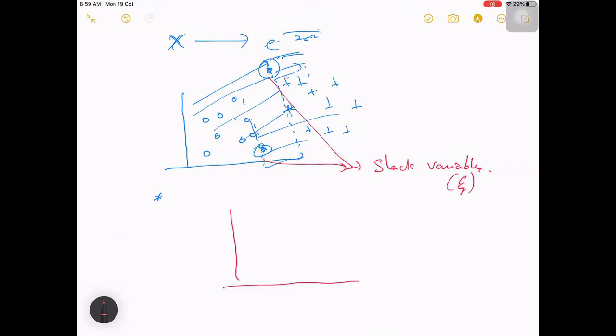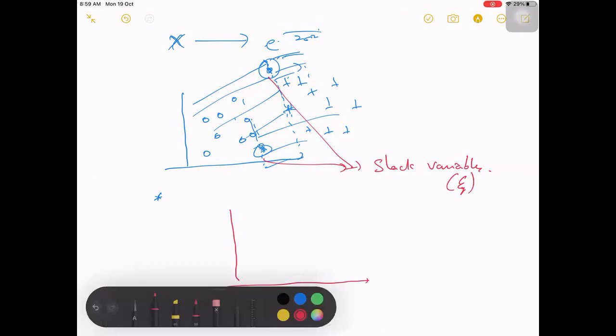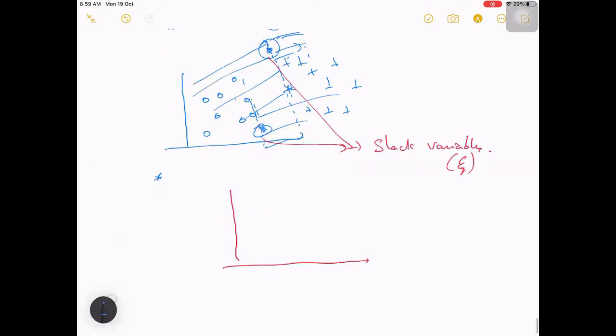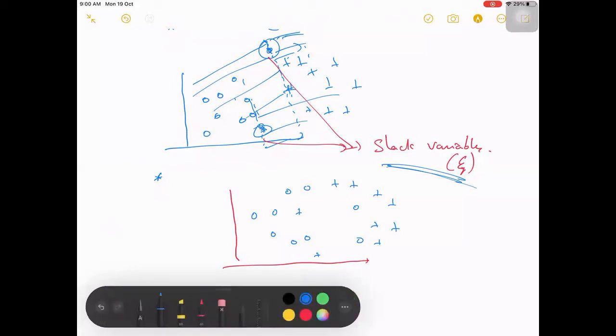Let's say this is the data, and similarly this is the data. Let us say you have two variables on the other side and two variables here. These slack variables represent how many variables you can ignore from your margin. Even if it is misrepresented, how many can be ignored?